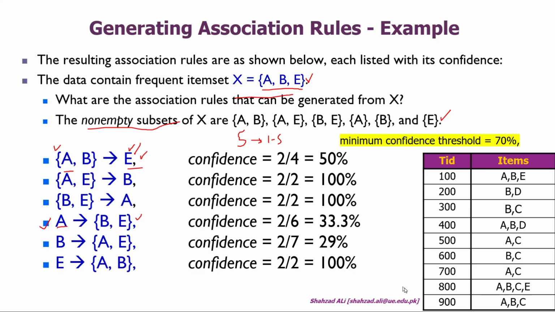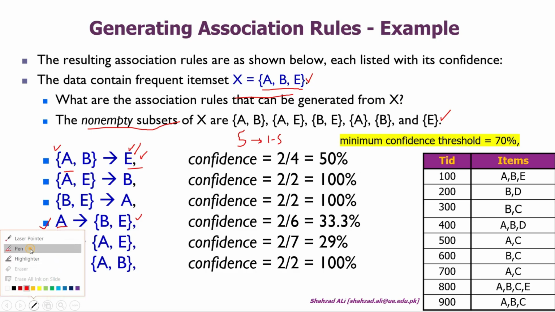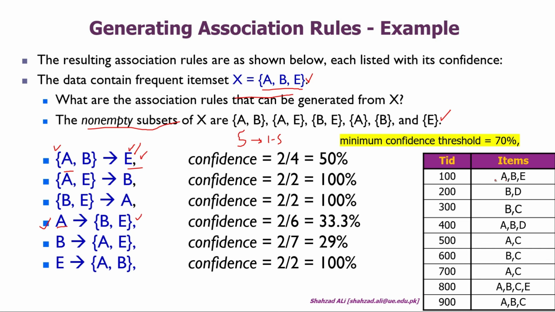So what is the support of ABE? AB occurs once in the first transaction, then it occurs together in the second last transaction. So the support for the frequent item set I is 2.